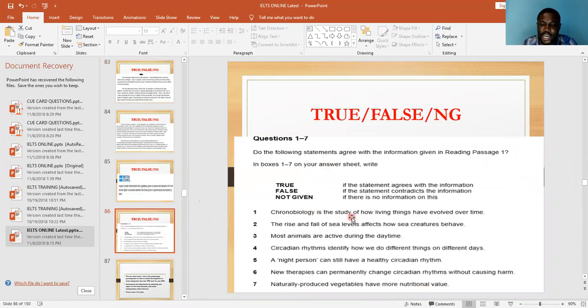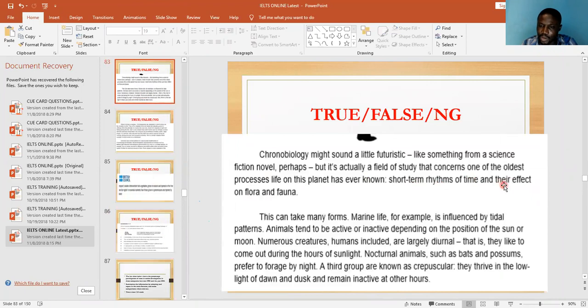The question is saying chronobiology is the study of how living things evolve over time. But the passage is saying short-term reading of time and their effect on fauna or flora. So I've helped you to read. Now, what is the answer?